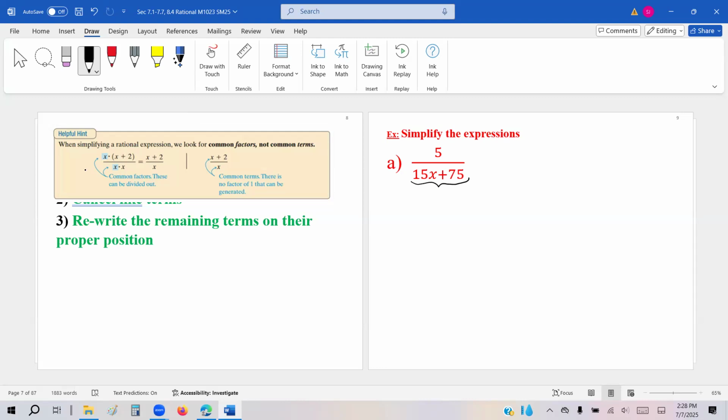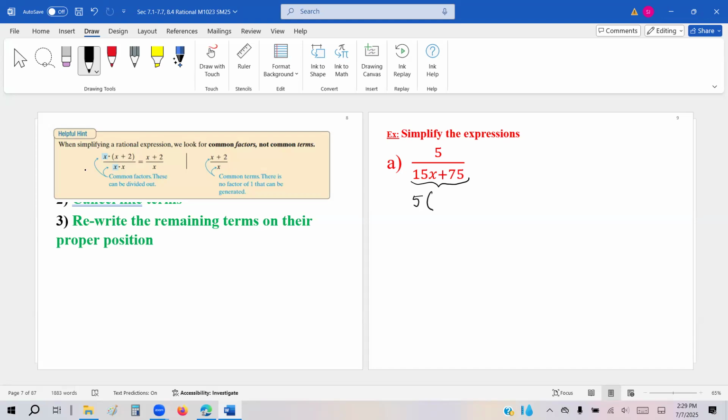Since you have 5 on the top, can you factor out at least 5 from the denominator? You can factor 15, but suppose you don't feel like you can factor out 15. Then based on the numerator, we need only 5 of them. So can you factor out only 5, at least 5?